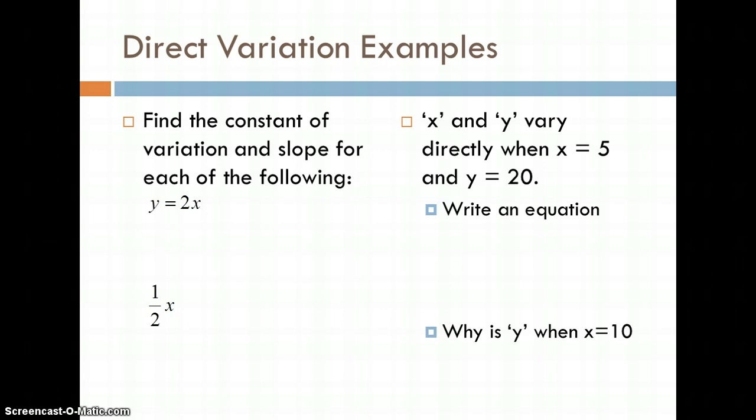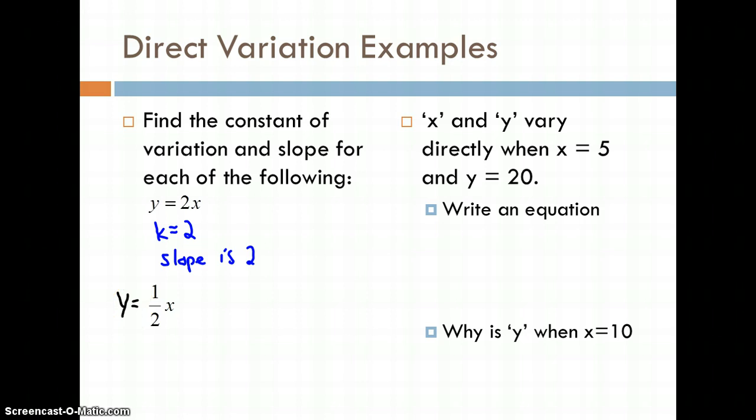If we look at the examples on the left, if we want to find the constant of variation and the slope for this first equation, y equals 2x, k equals 2, and the slope is 2. That's the same in both of these. Typo on my part, I forgot the y equals on that last one down there.